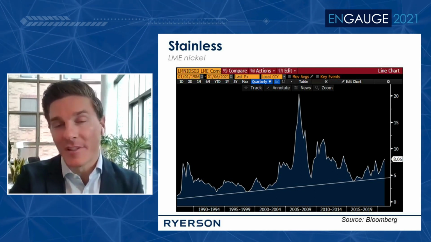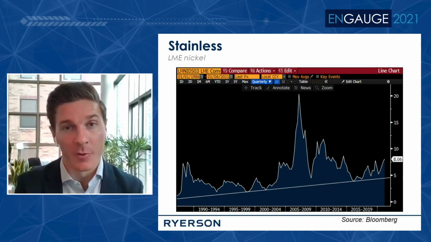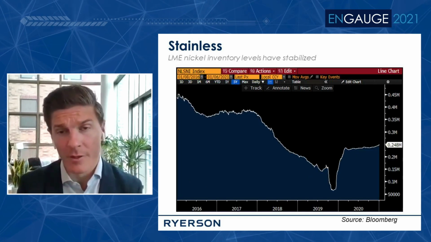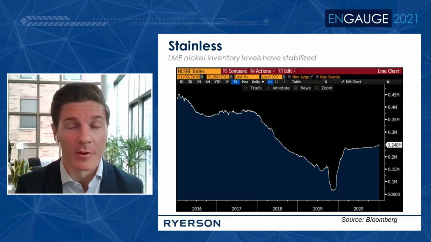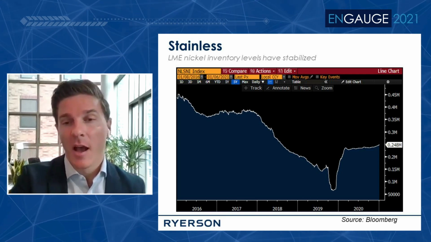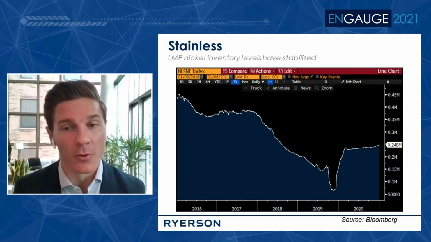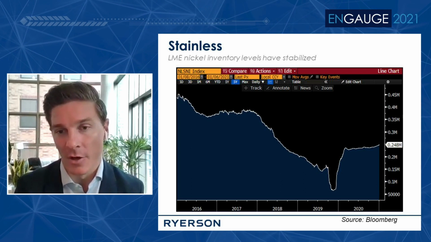Now, why did we see that move back in basically 2005 up to $20 per pound? There were real shortages of metal, similar to what we're currently seeing in carbon. And when that happens, it's sort of name your price. As we look here at this chart of LME nickel inventories, I don't think that's really in the cards.